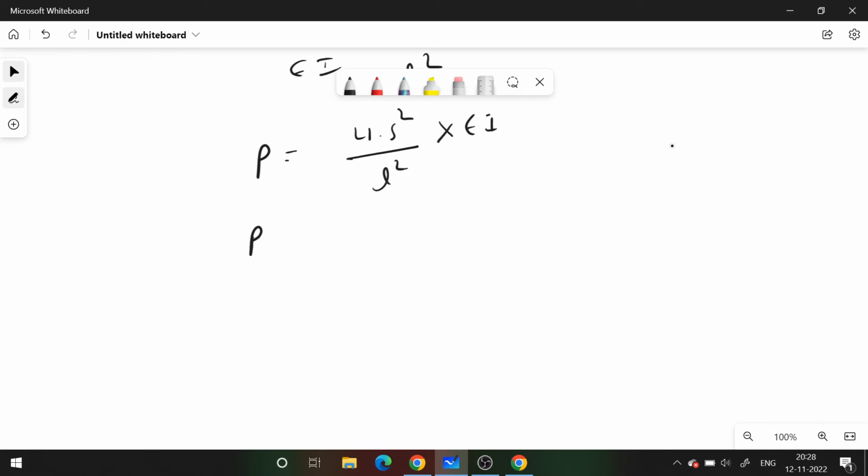This will be equal to 2 pi square EI divided by L square.